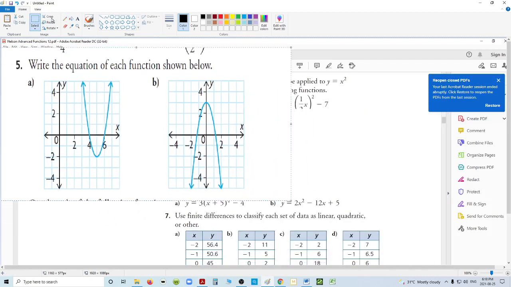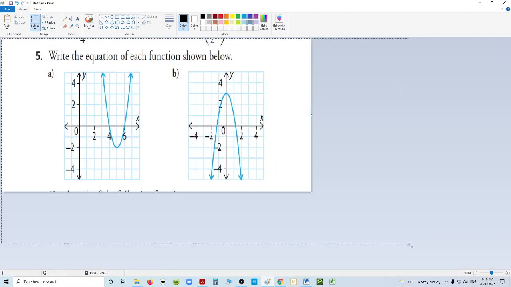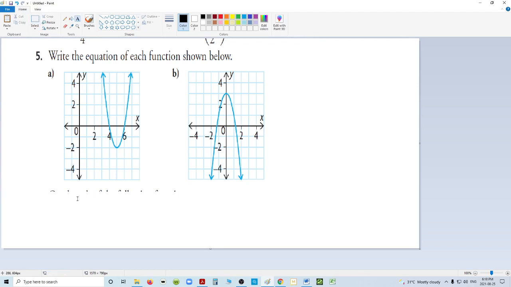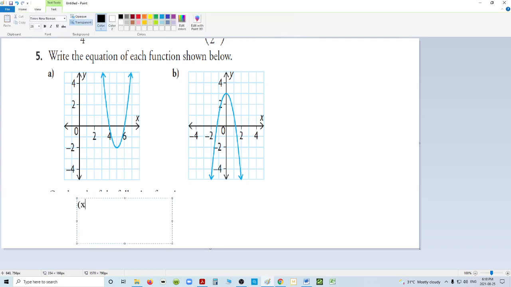Okay, so looking at this one, I know it's x minus 4 and x minus 6, but I don't know the a that's in front until I can take some y values, and you notice the vertex is minus 2 comma 5. So that means when y is minus 2, x is minus 5. So I would get this.